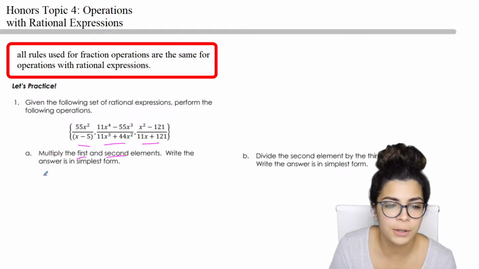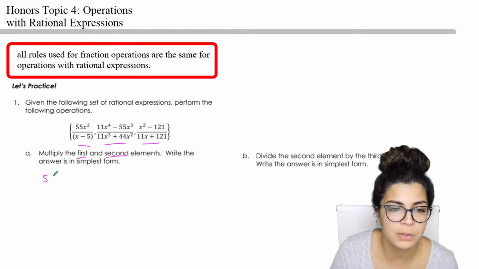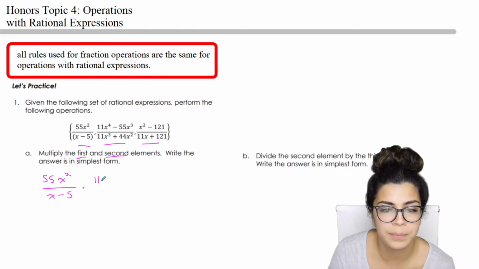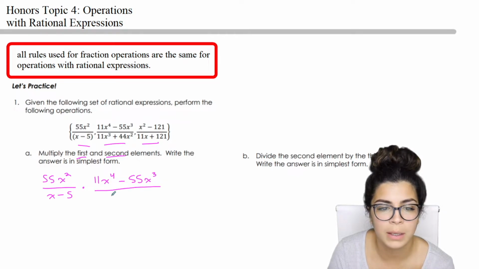So we're going to take the first expression, which is 55x squared over x minus 5, and we're going to multiply it with the second expression, which is 11x to the power of 4 minus 55x cubed all over 11x cubed plus 44x squared.